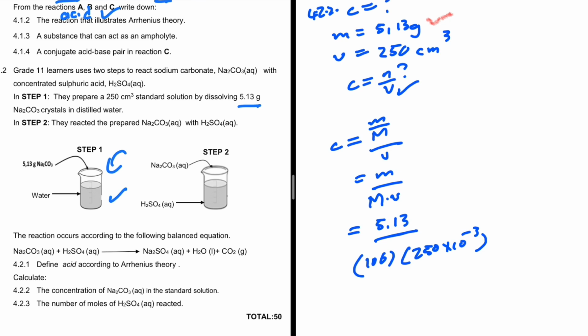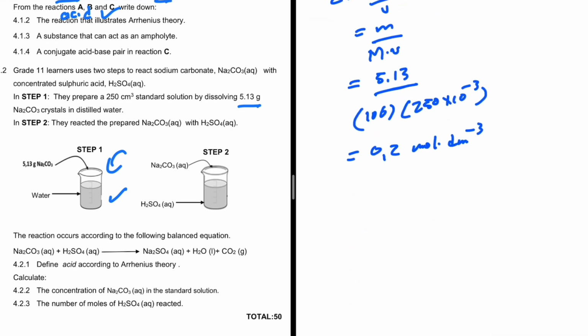We are converting it to decimeter cube by doing that. So 106 multiplied by 0.25. Right, let me see what I get there. I'm getting 0.2 moles per decimeter cube. That is the concentration of Na2CO3, 4.2.2.